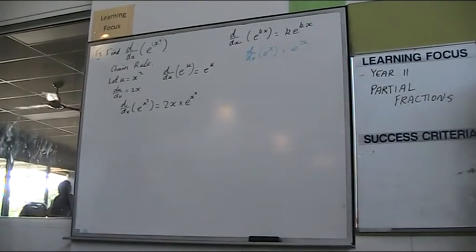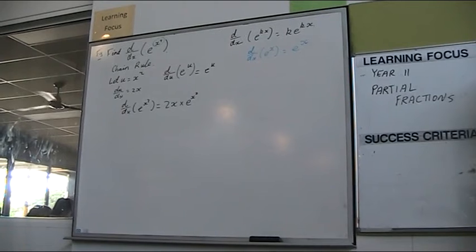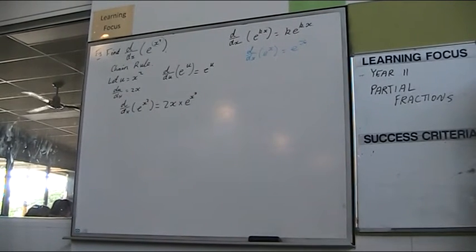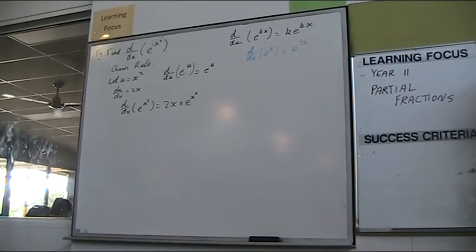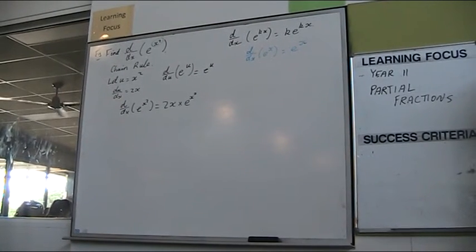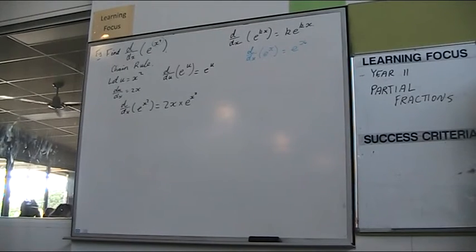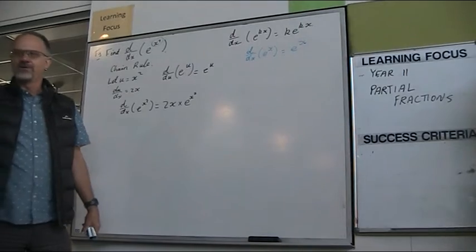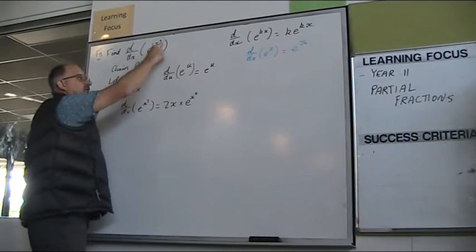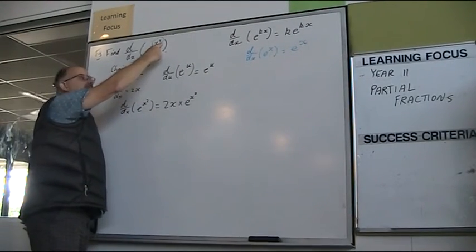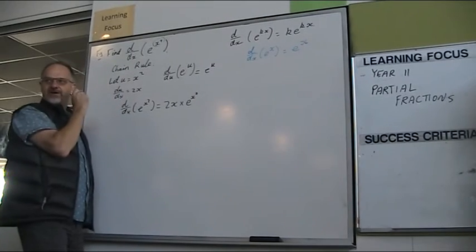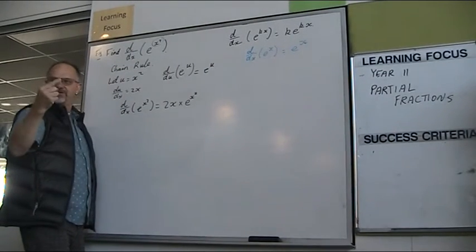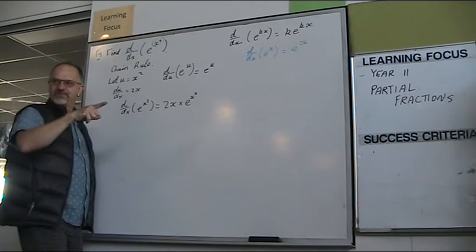Why isn't it k u? You can think about it this way: if you've got a number for x, say 5, what do you do with the 5? You square it first, and then you do e to the 25.